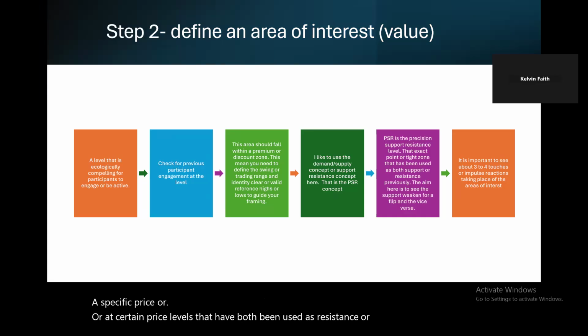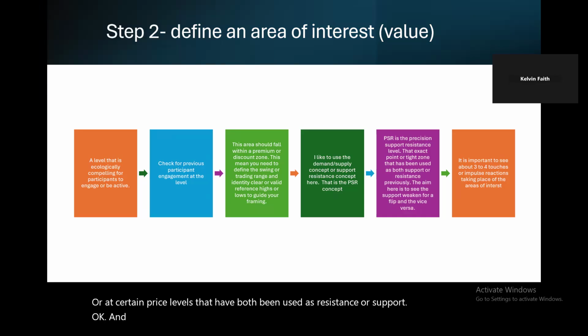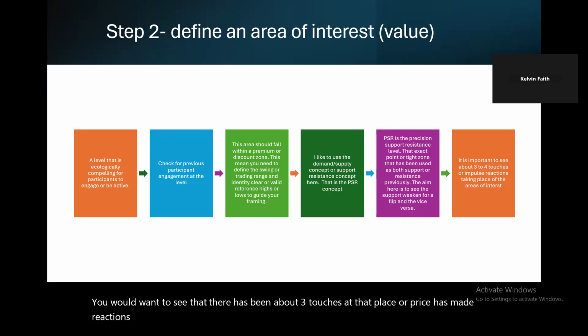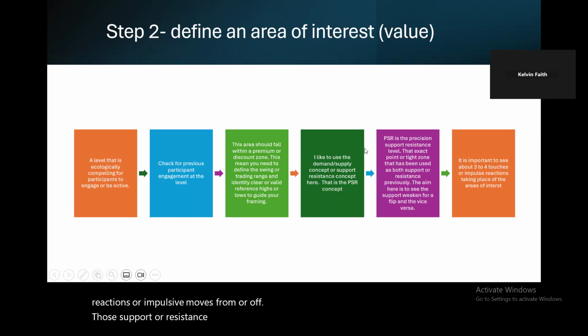And we explained that for support levels, or where you find your PSR, you would want to see that there has been about three touches at that place, or price has made reactions or impulsive moves off those support or resistance levels. And these are the things that you might want to see in your area of interest.